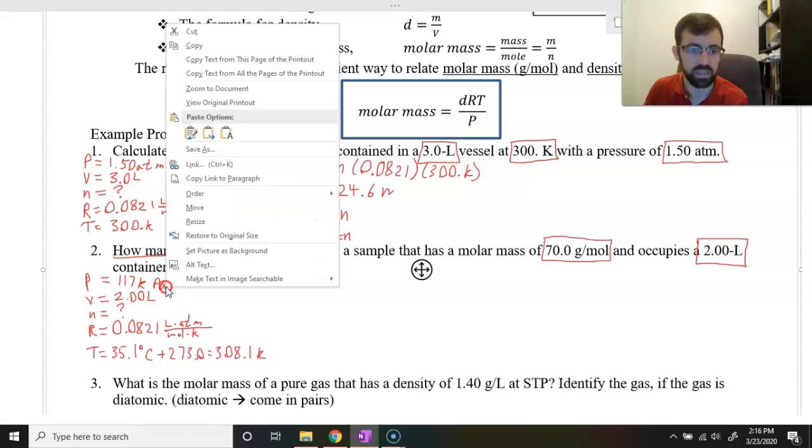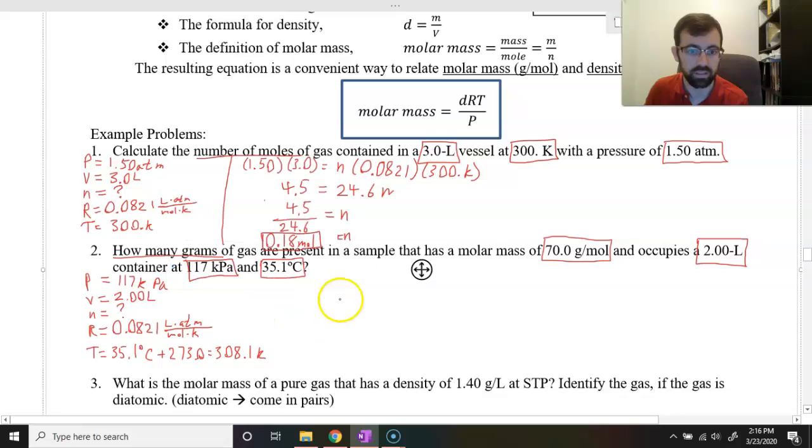Because our units here are liter atmospheres per mole Kelvin, I need to turn my pressure into atmospheres. So we're going to do dimensional analysis here. I put kPa on the bottom, 1 atm on top, because there are 101.3 kPa in 1 atmosphere.